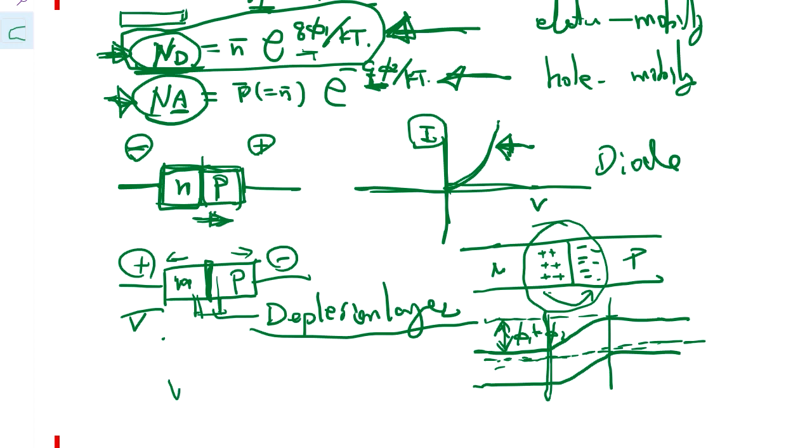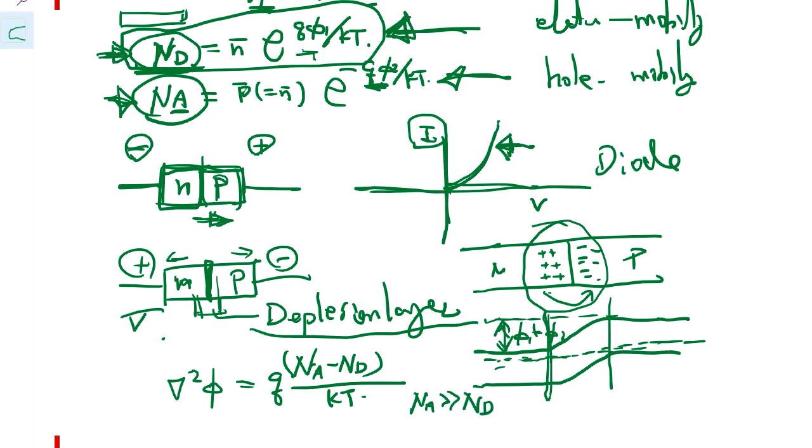What's the potential profile? It's Poisson's equation, right? ND and KT. Now this NA and ND, practically it's either this way or this way. Okay, either P-type or N-type.